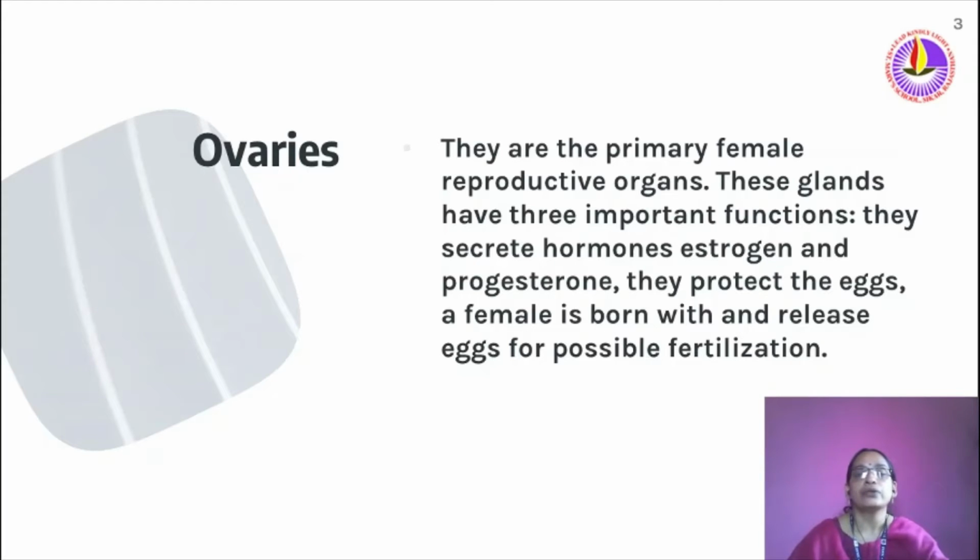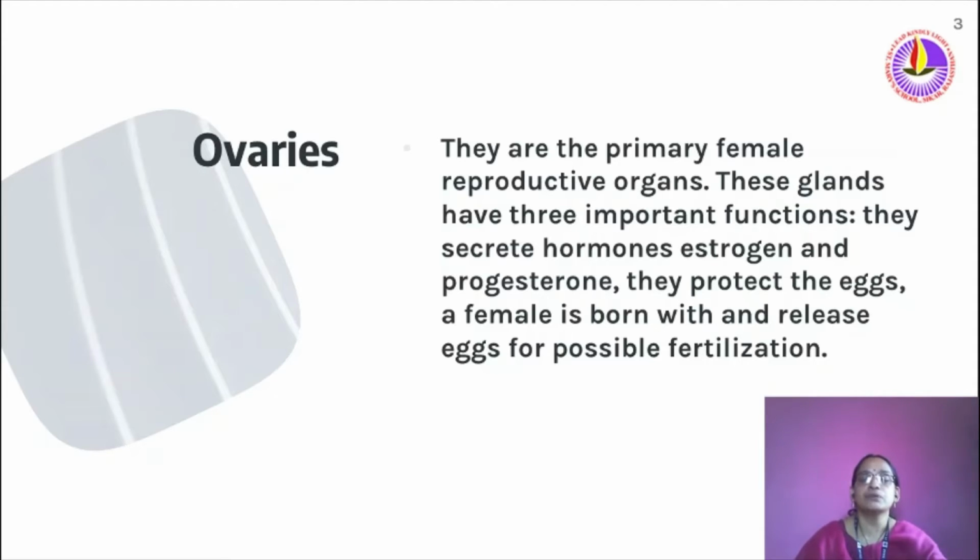What are ovaries? Two ovaries are present in a female. They are the primary reproductive organs in a female. They have three important functions. They produce hormones called estrogen and progesterone. The second important function is that ovaries protect the eggs.